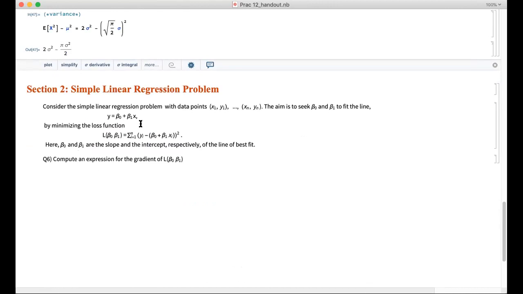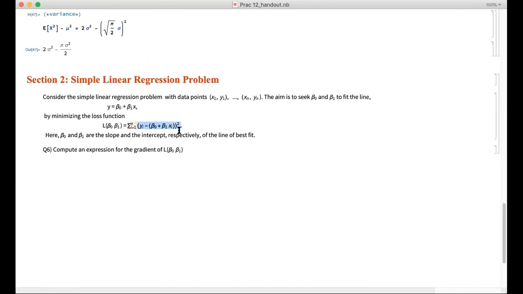When you did assignment 1, you were computing the sum of squares. That is like a simulation. But this time you are asked to use gradient descent. To do that, first of all, you need to compute the expression for the gradient of the loss function. The loss function is here.